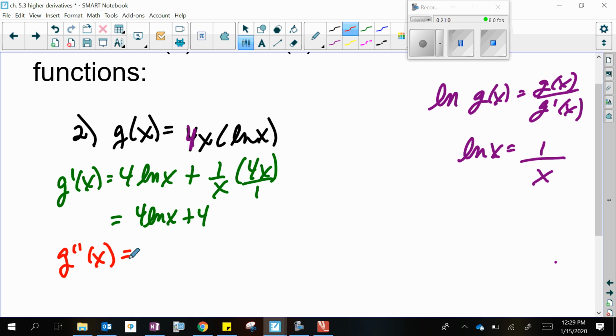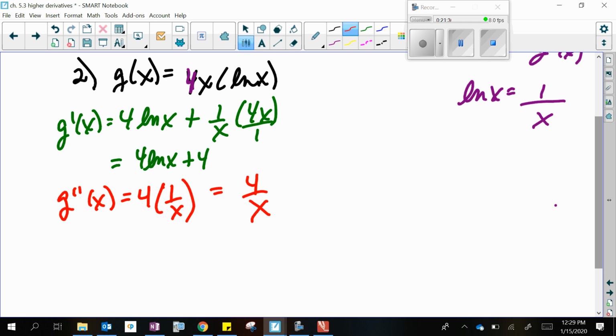Remember that? So for 4 ln of x, we're just going to keep that 4 out there and take the derivative of ln x, and it becomes 4 over x. And then the derivative of 4 is 0. So actually, the second derivative is just 4 over x. Okay, now we need the third derivative. What do we want to do with the third derivative?